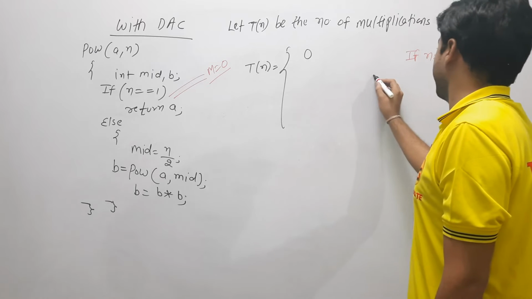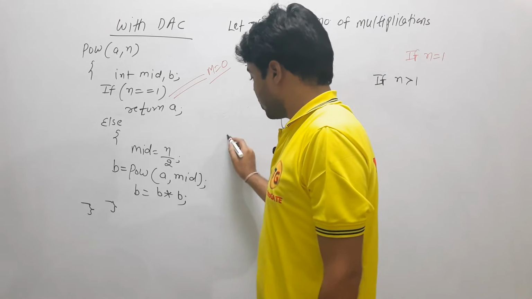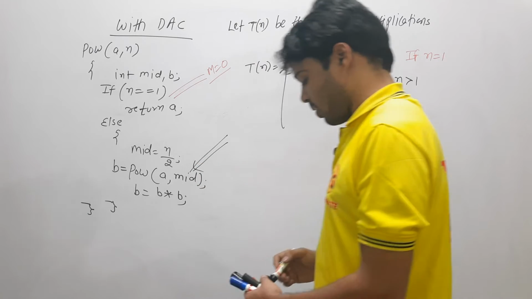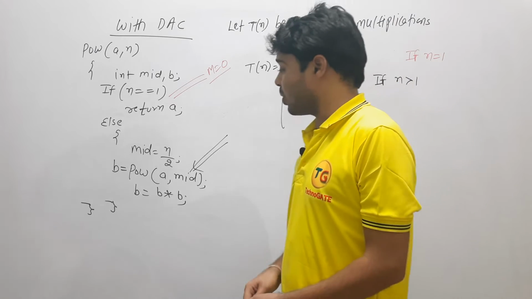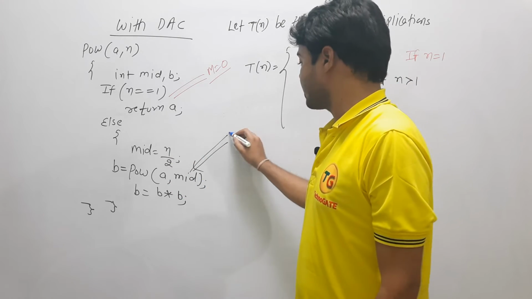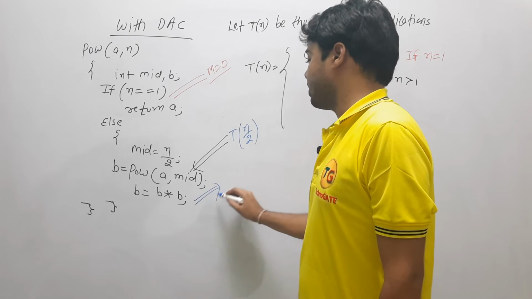If the power is more than 1, what will happen? This is the first half. We find the solution only for the first half, because the second half is the same as the first half. So T(n/2) time is required for this one, and here only one multiplication.